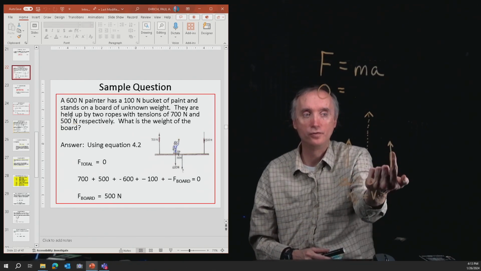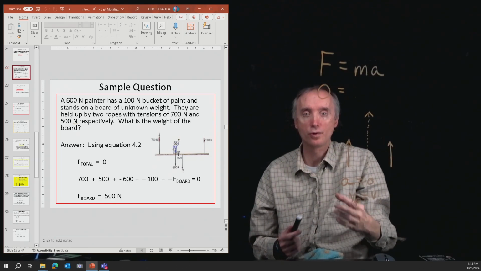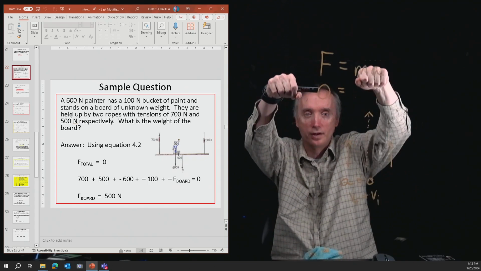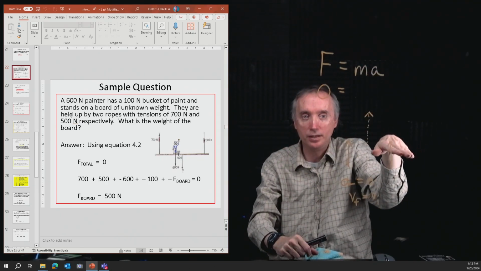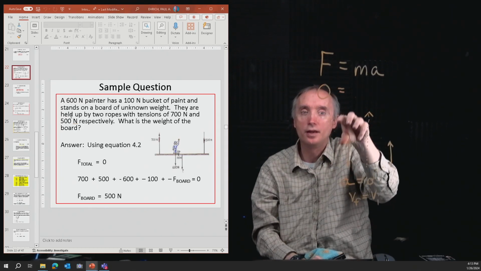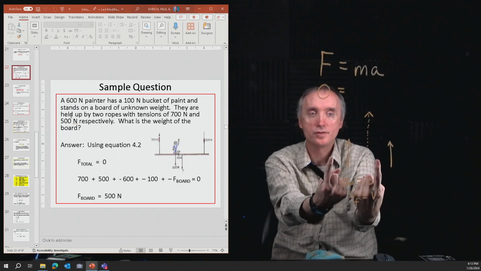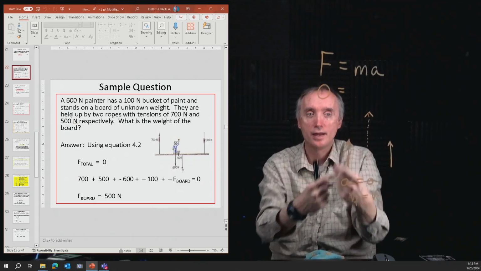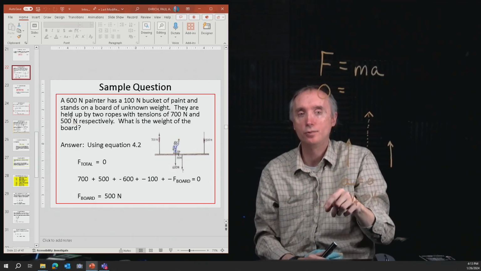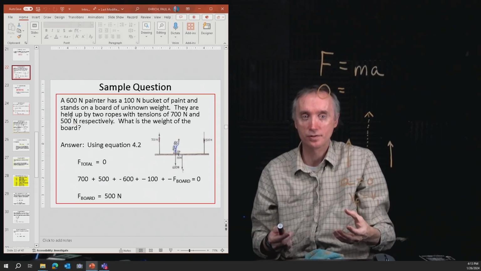We've got two forces that are going up. Those are the ropes that are holding up that beam, and on the beam is a painter and a paint bucket. So we've got two forces that are being pulled up. It's got to be in static equilibrium, so the sum of the forces must be equal to 0.